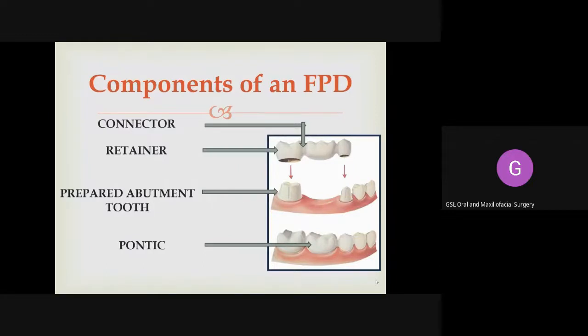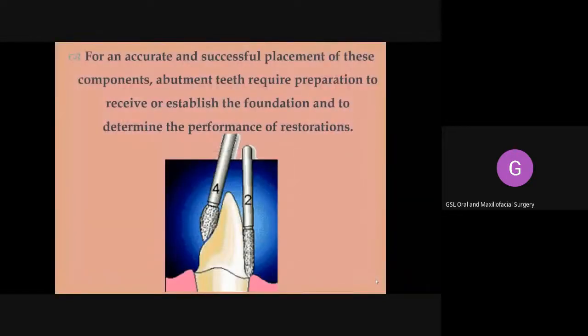Pontic means an artificial tooth which replaces the natural missing tooth. These are the components of a fixed partial denture. For an accurate and successful placement of these components, an abutment tooth requires preparation to receive or establish the foundation and to determine the performance of the restoration.